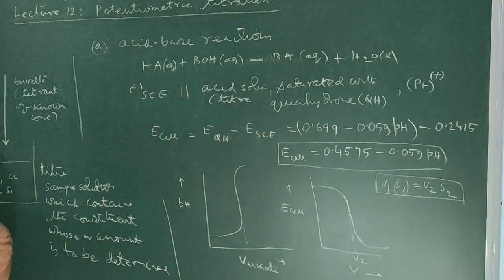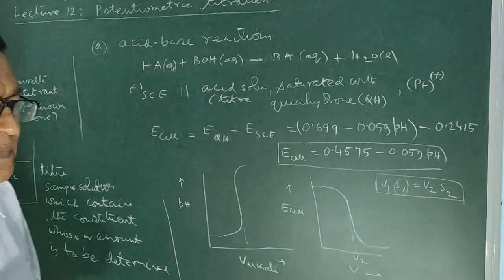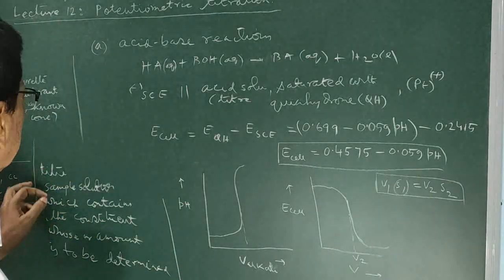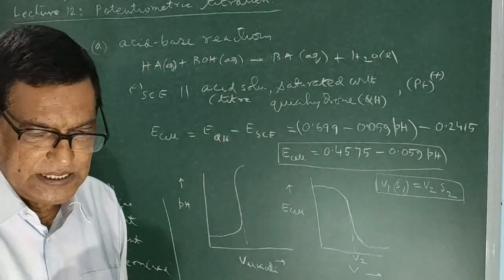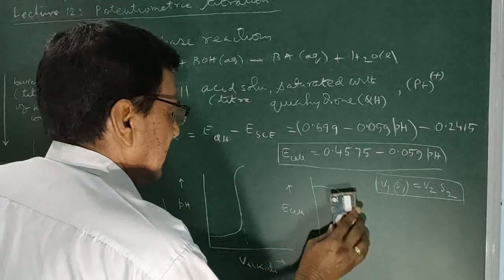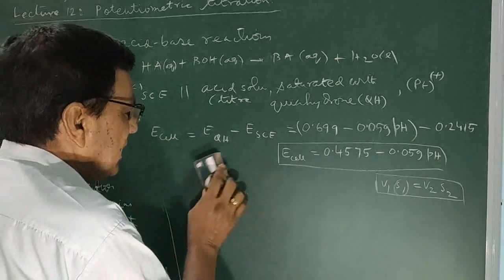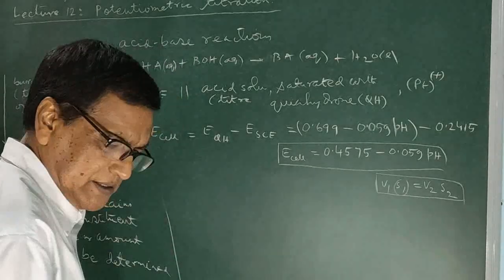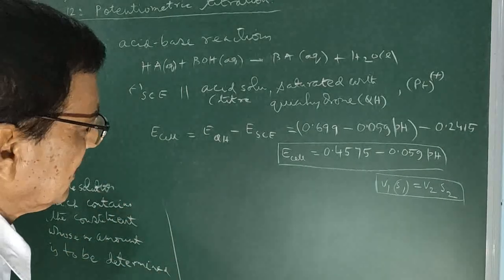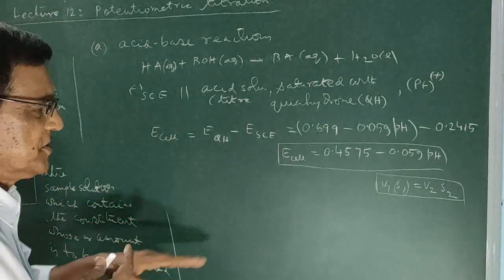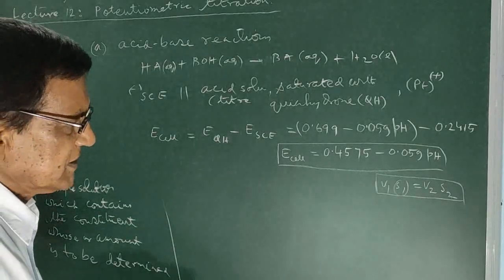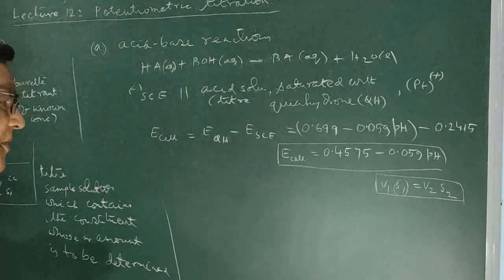If we use a weak acid in the titrate and a strong alkali, then the curve will give such a nature that the end point of this titration is very difficult to determine.